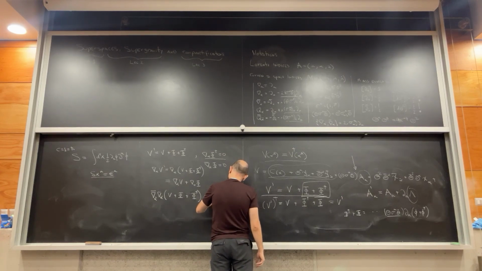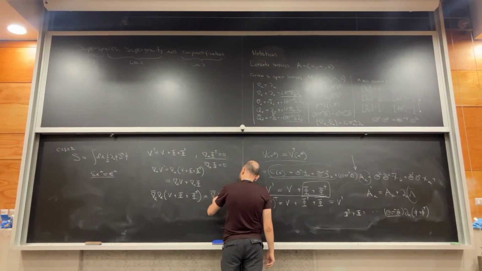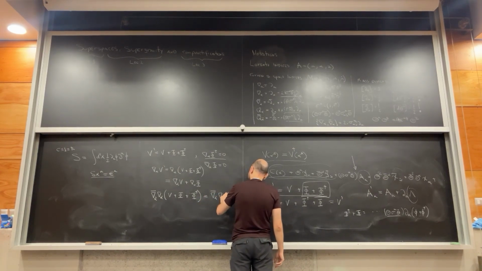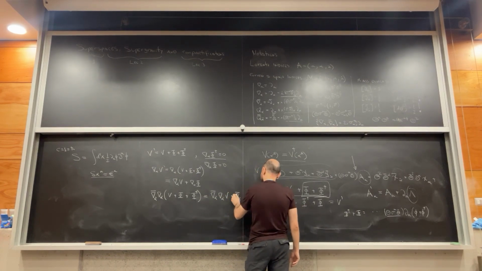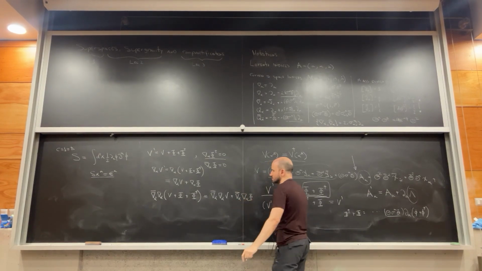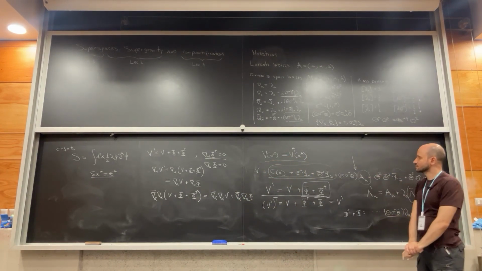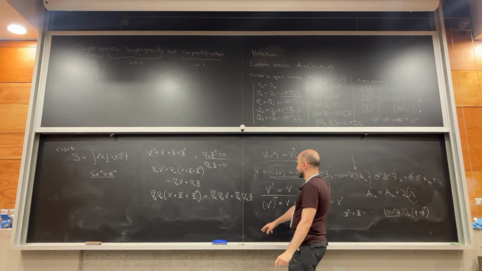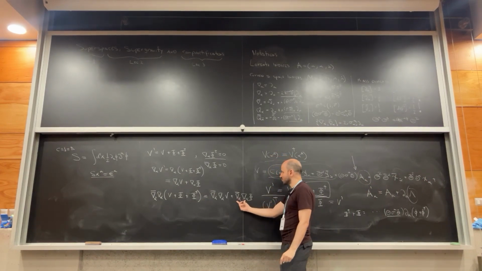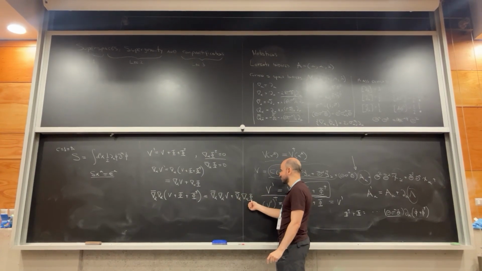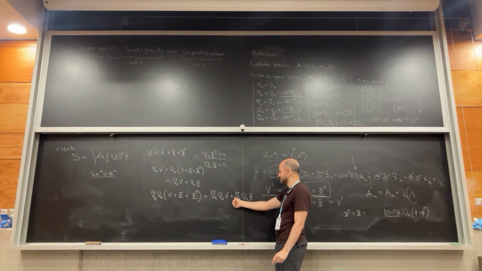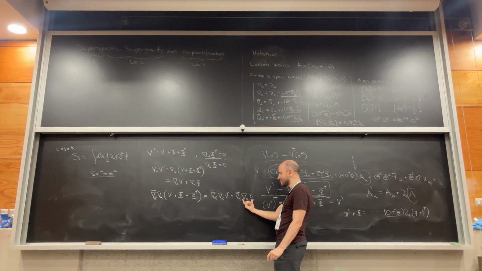So I have nabla bar alpha dot nabla alpha V plus, this is the right direction. This is not 0, because nabla bar kills phi, but nabla bar is not acting on phi, it's acting on nabla phi.